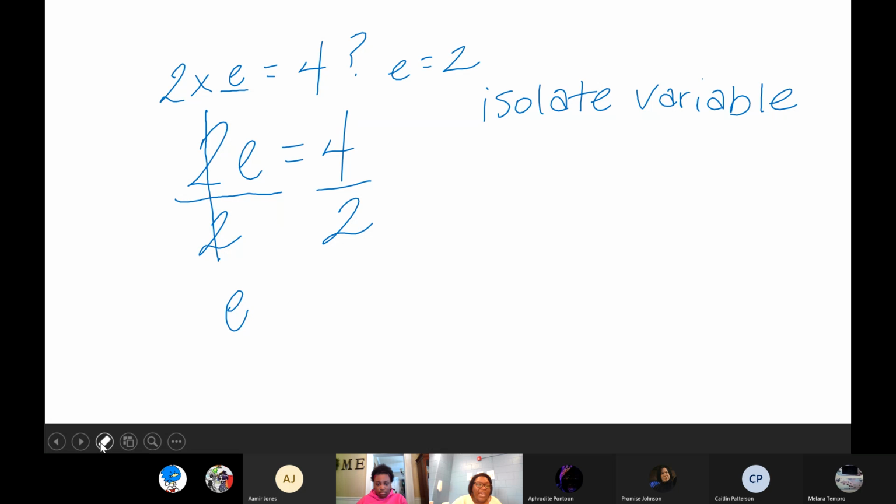So remember, whatever we do on the left side, we have to do on the other side of the equation as well. So if I divided by 2 here, I have to divide by 2 on the other side. And so my answer here would be 2. 4 divided by 2 is 2.